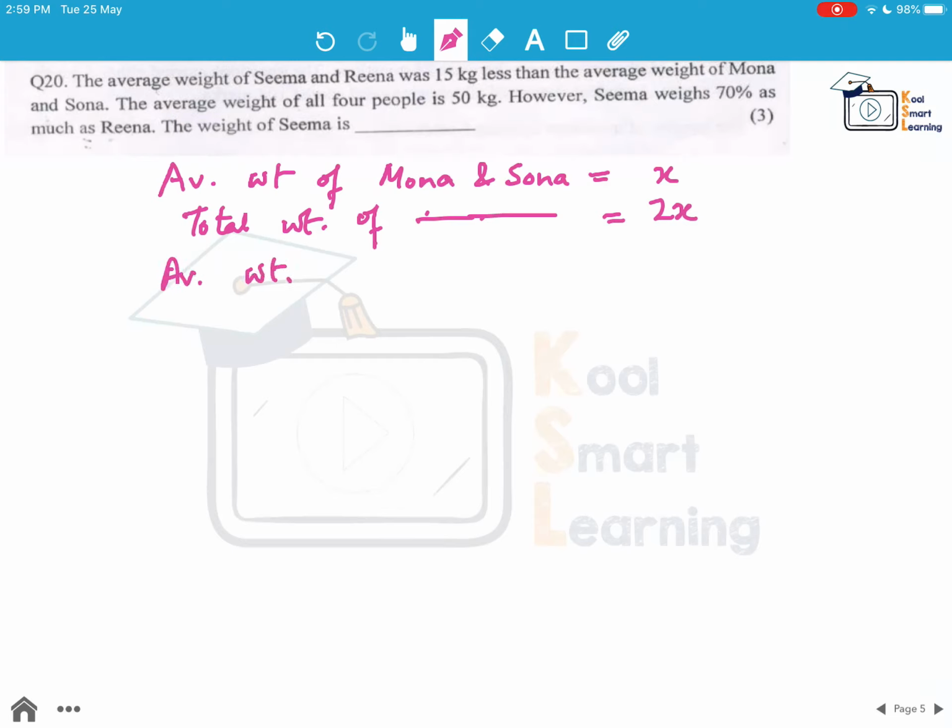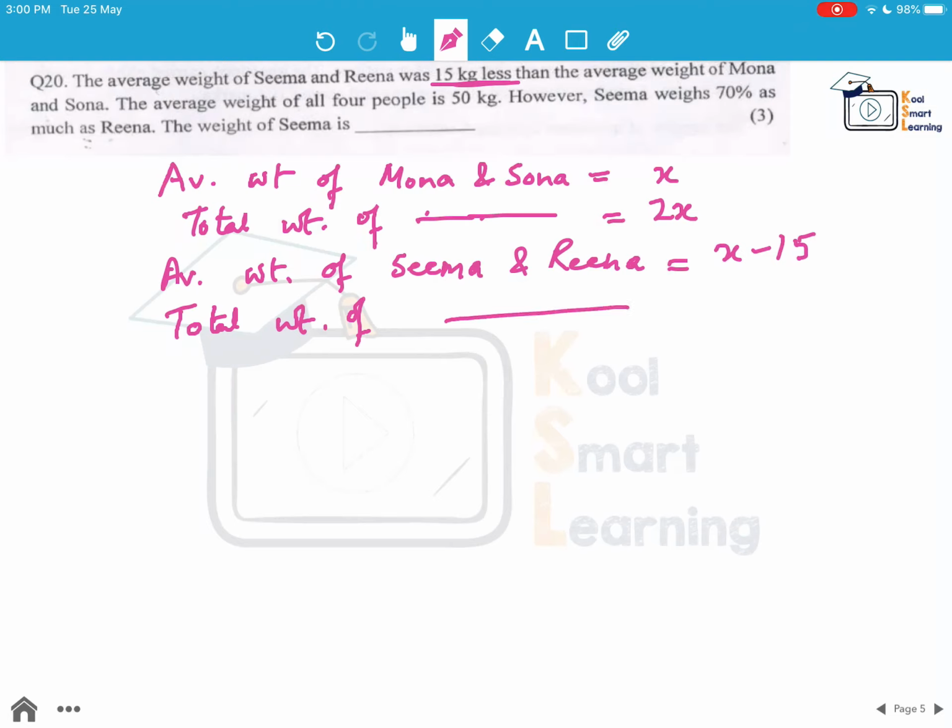Now what is the average weight of Seema and Reena? It is given that it is 15 kg less than the average weight of Mona and Sona, so it becomes x minus 15. What will be the total weight of these two? That will be 2 times x minus 15.